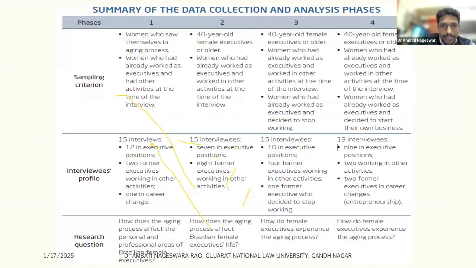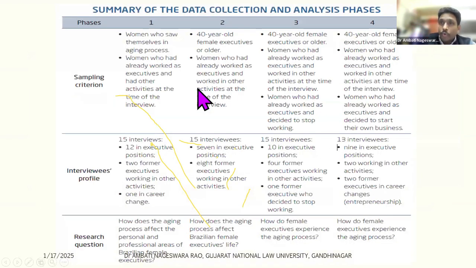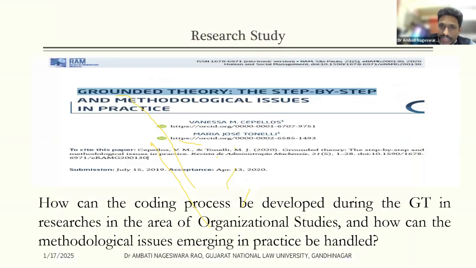I'm repeating again. The researcher wanted to understand, as you're becoming old, as an executive, as an employee, what it means if you are near 40s or above. So the researcher had a very interesting question. The researcher wanted to collect the data.